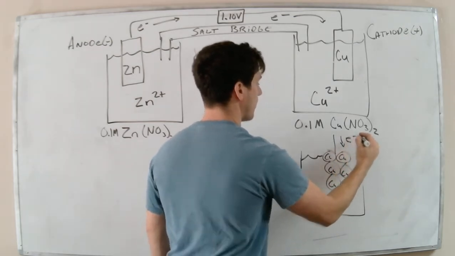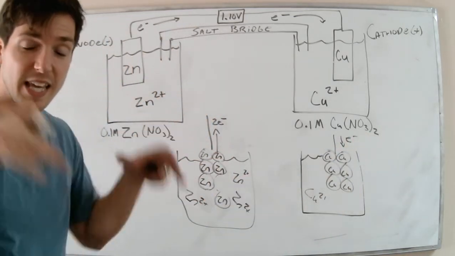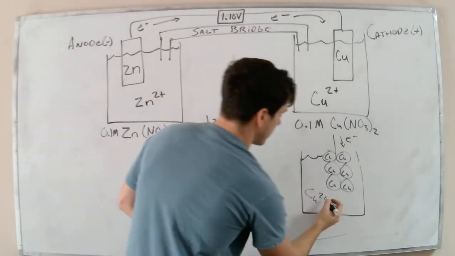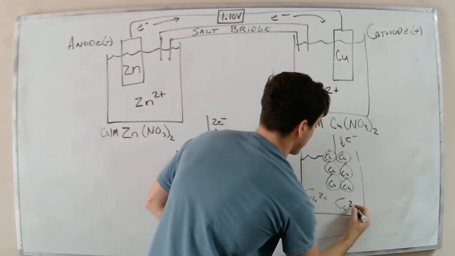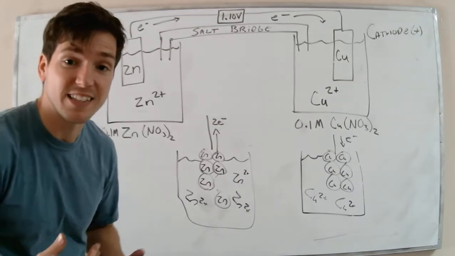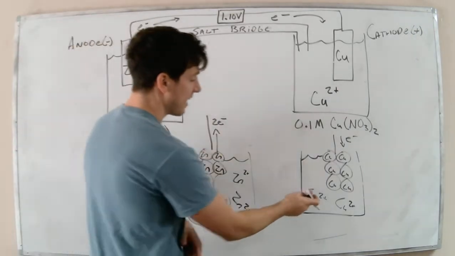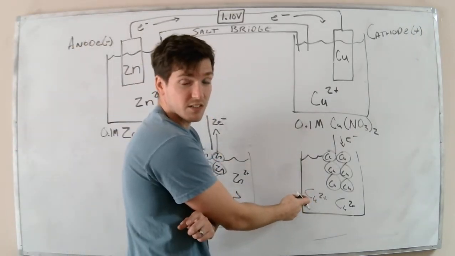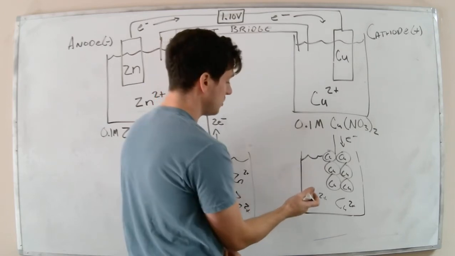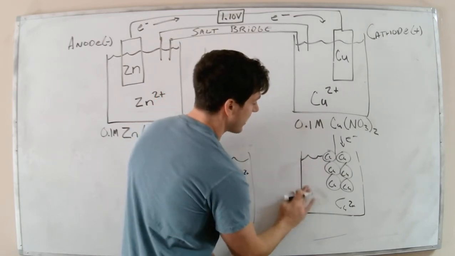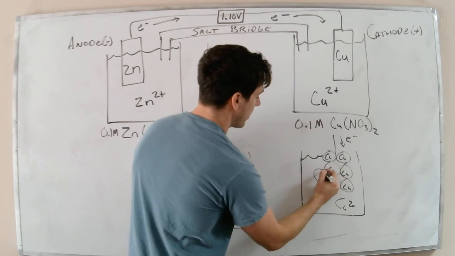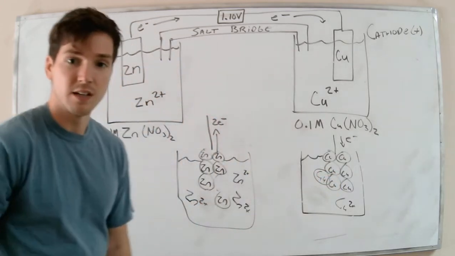Floating around here? Well, remember, now the electrons are coming in to the copper side of this galvanic cell. So what's happening is that these electrons are going to this copper, and these aqueous Cu2+ are taking those electrons, and they are going from aqueous to solid copper.